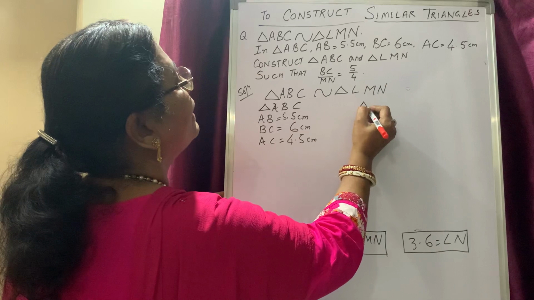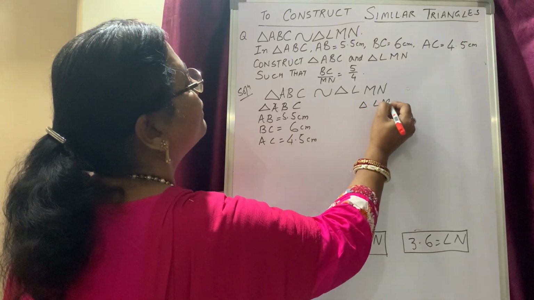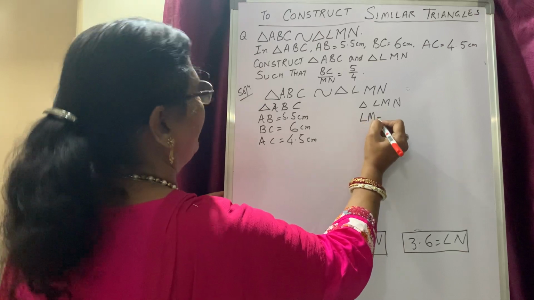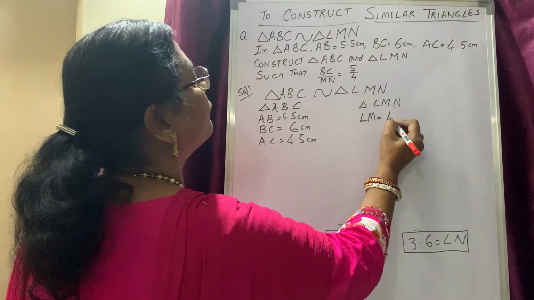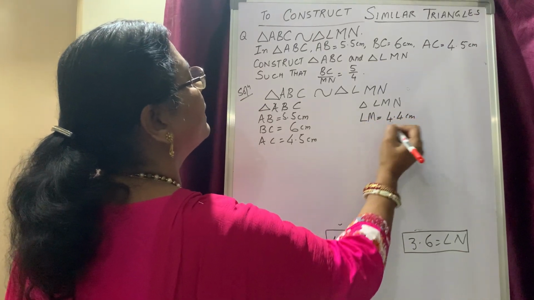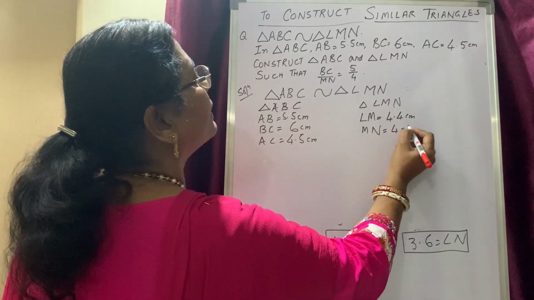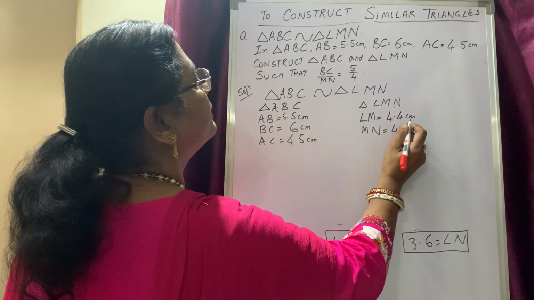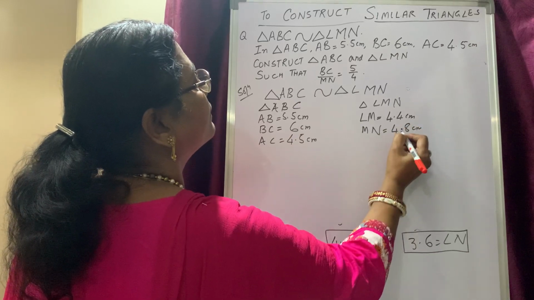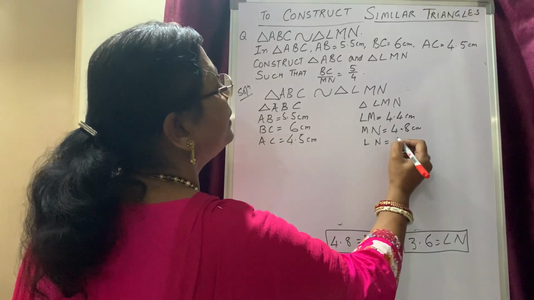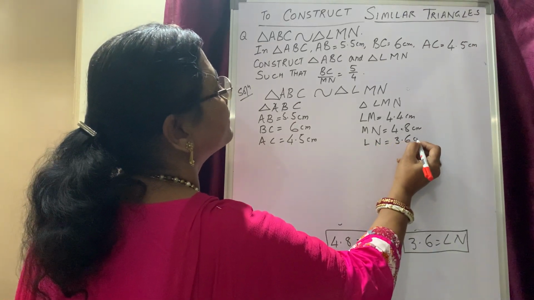And for triangle LMN, we have calculated LM to be equal to 4.4 centimeter, MN to be equal to 4.8 centimeter, and LN to be equal to 3.6 centimeter.